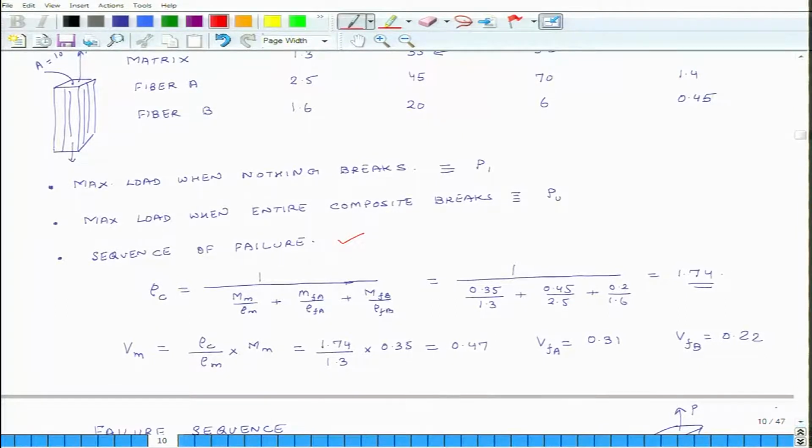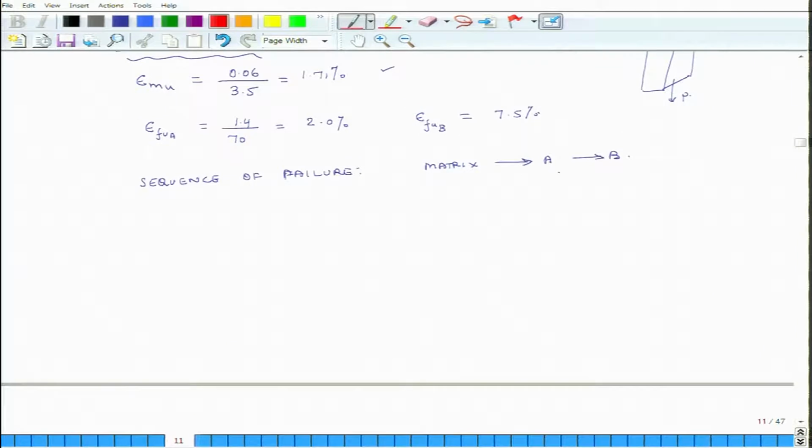Next, the question is, what is the load when nothing breaks, and just if we increase the load a little bit more than that, then something is going to break, right. So, what is going to fail first? We will have the failure of the matrix, and that failure happens at 1.71%. So, we have to figure out what is the load level in the system when the strain is 1.71% in the system.